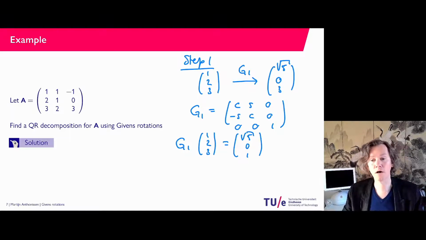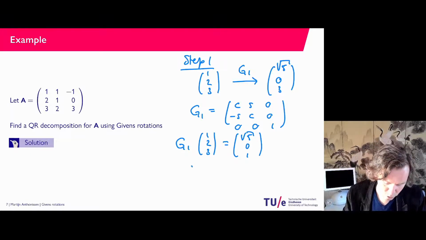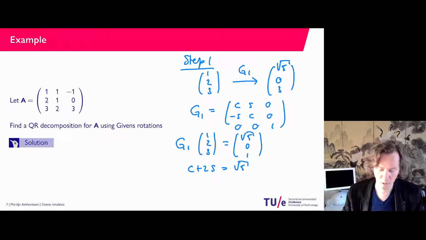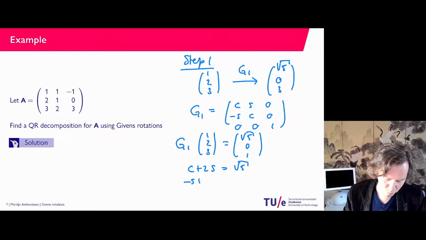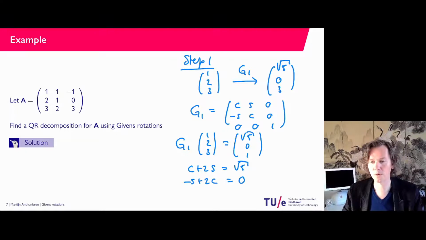So if I write it out, then I find that C plus 2S should equal square root of 5. Minus S plus 2C should equal 0. And the last equation tells me that 3 equals 3, and that is true.